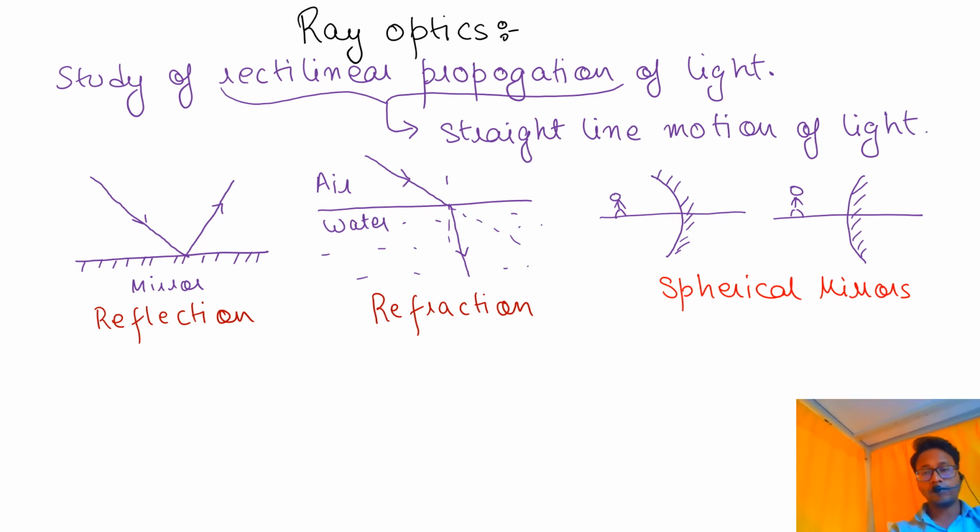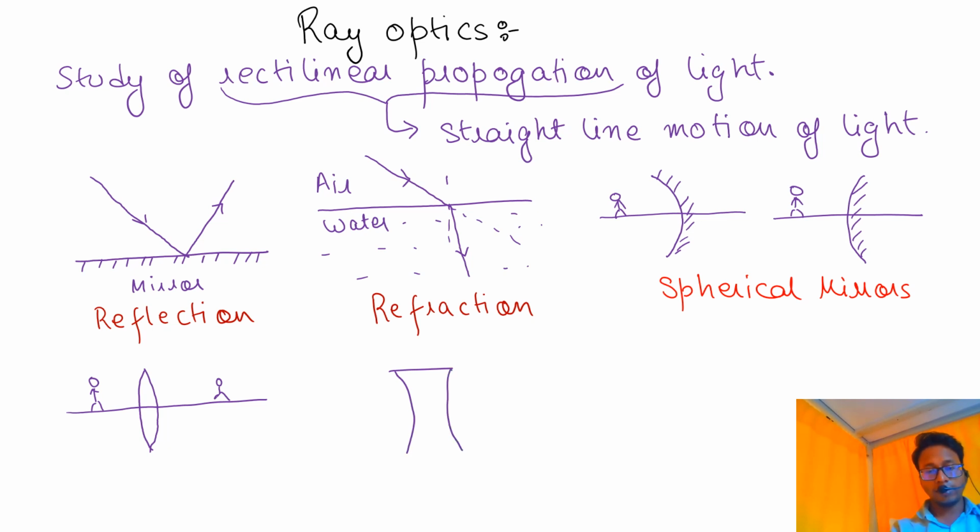After that, we'll study something called lenses. An object will be here, and the image will be found somewhere here. This is called a convex lens, and another type of lens is called a concave lens.